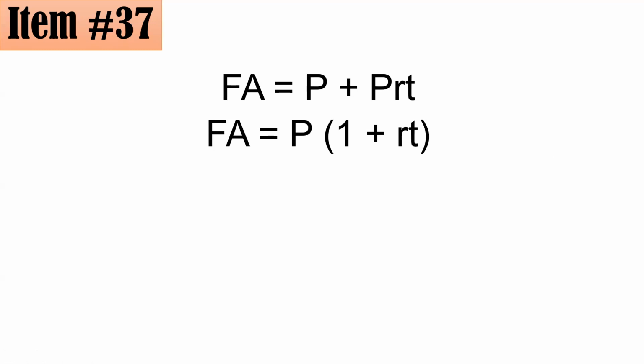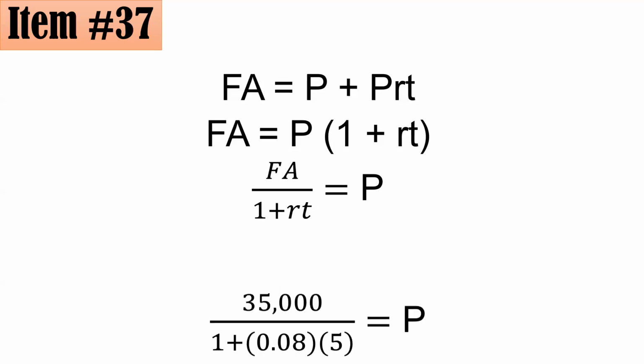Since P lang naman po yung habol natin, we will divide both sides by 1 plus RT. And I agree with the formula no, that was provided by Ma'am Nurse Usman and Sir Chad Cerezo. That is, to get the principal amount, we will divide the future amount or the future value with 1 plus RT.